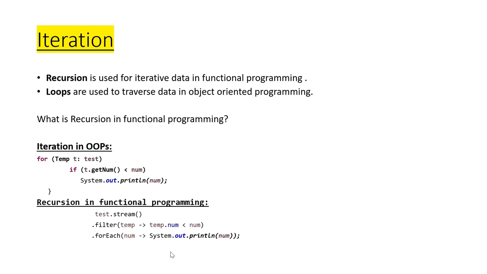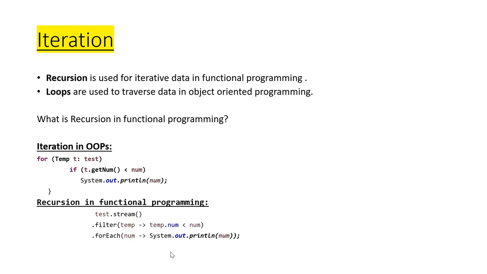So recursion and iteration are two different ways to execute a set of instructions repeatedly. The main difference between recursion and iteration is that in recursion we use function calls to execute statements repeatedly inside the function body, while in iteration we use for and while loops to do the same.